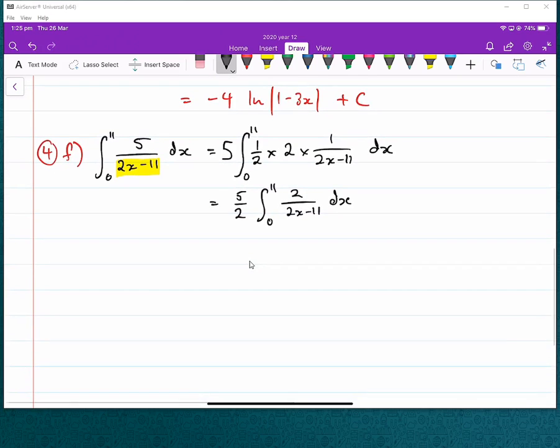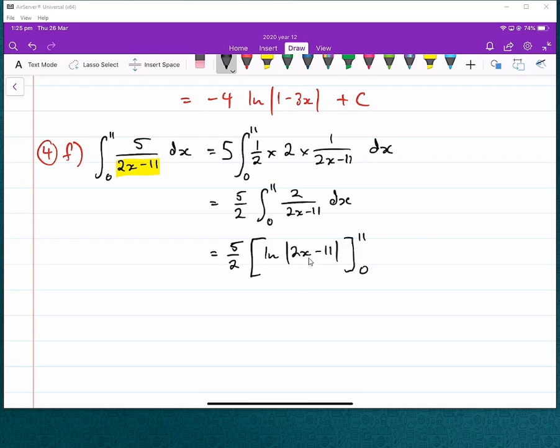So here we now have 5 over 2 by ln of the absolute value of 2x minus 11 between 11 and 0.